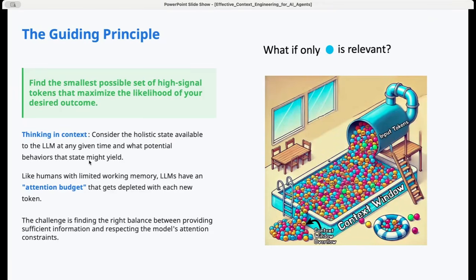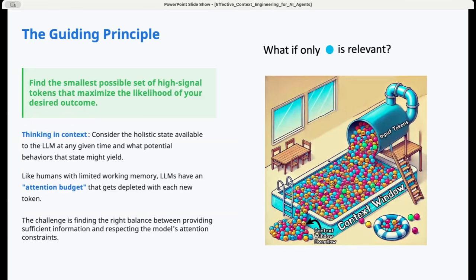So the key principle is thinking in context. At each iteration, at any given time, consider what state or input is needed for that request, and provide just that to the context at each iteration. It's kind of like this: you have many different sources, not just one source of input tokens.